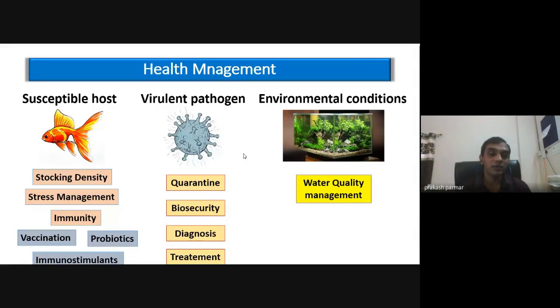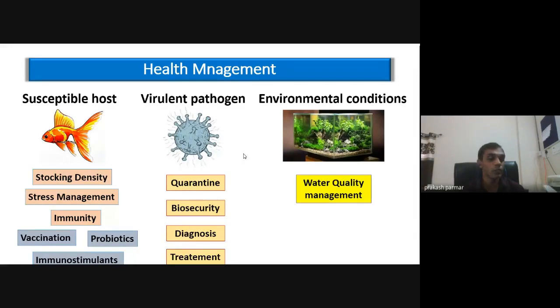When you give a vaccination, the immunity builds up for a longer period of time, but with immunostimulants the immunity might be for a shorter period, which is the great disadvantage of their application. But when we add immunostimulants, they specifically develop non-specific immunity, and non-specific immunity is very important.